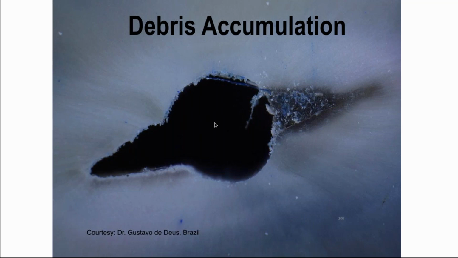So actually what happens is the file very quickly fills the irregularities with debris. After the irregularities are filled, then pressure starts to build up in the root because the debris's got nowhere to go. And then you start to get these micro cracks and you get these predisposing factors for splitting the root.